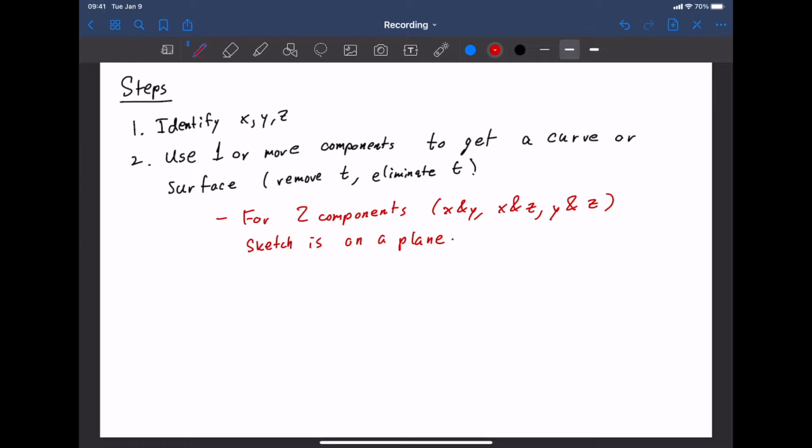Like when we just had x and y, our sketch was on the xy plane. So if I just have x and z, my sketch is on the xz plane. I don't know if I said that right. For three components, the curve, or the sketch, is on a surface.